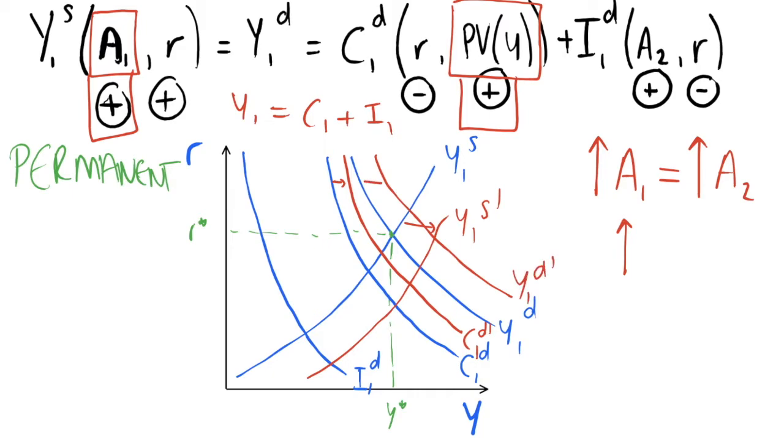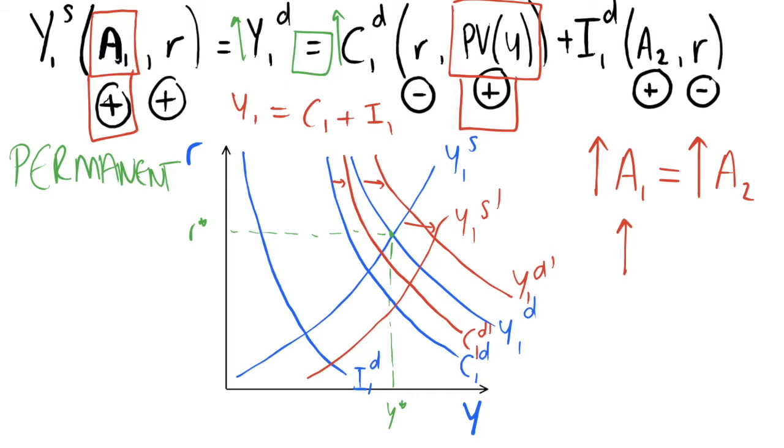This is because, as I said before, the demand curve is the sum of the consumption and investment curves, and as you see at the top of the screen, this Y1 demand curve is equal to consumption plus investment. So if we increase consumption, we have to increase our overall demand function.